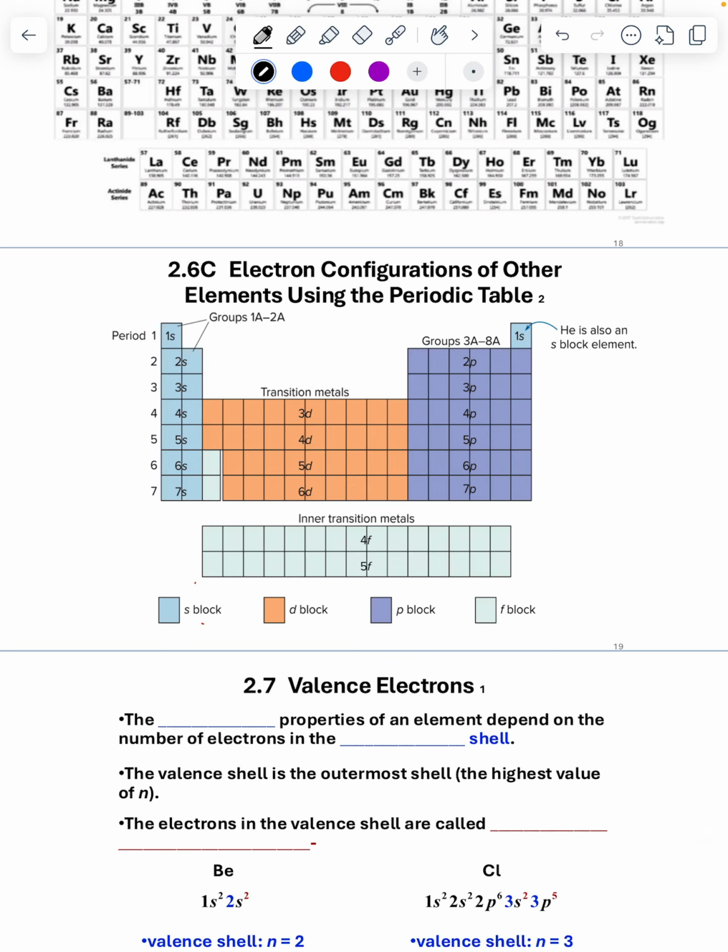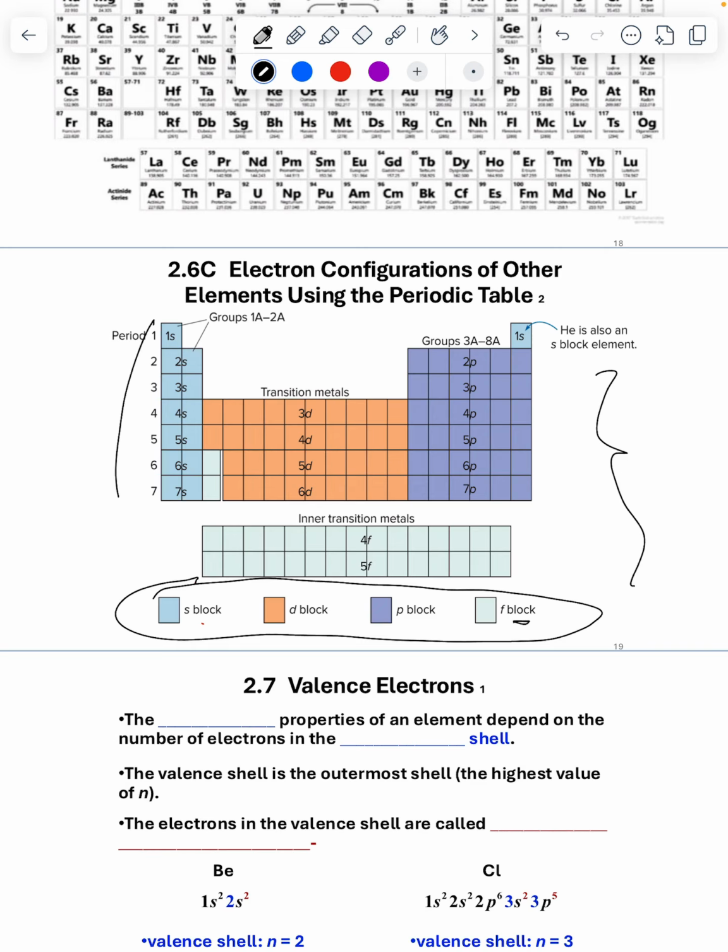So looking at your note template, your fill-in notes handout, you see this periodic table that they've presented for you that is color-coded, and it is color-coded based on the sublevels that we talked about in the last video. Remember, the sublevels are the S, P, D, and F sublevels, and so this periodic table has been broken up into what they call blocks that correspond to these sublevels.